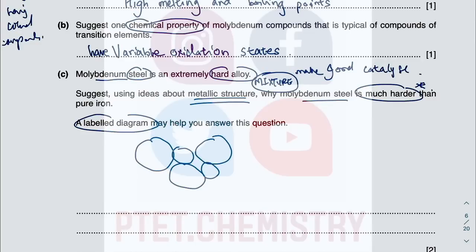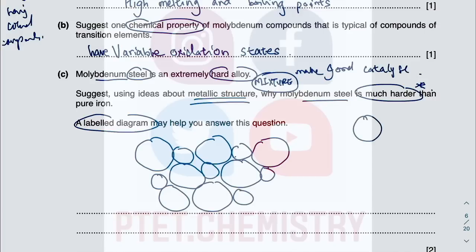I'm just drawing randomly, really. I mean, it's a mixture, right? So you could imagine things like this. Big one molybdenum, small one, maybe I can shade it so that it's clearer. Smaller one iron.